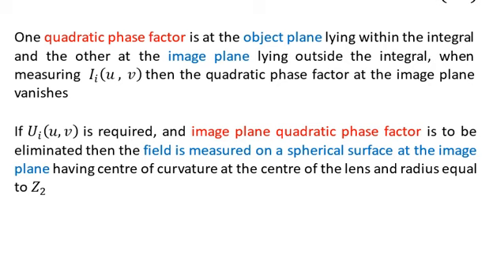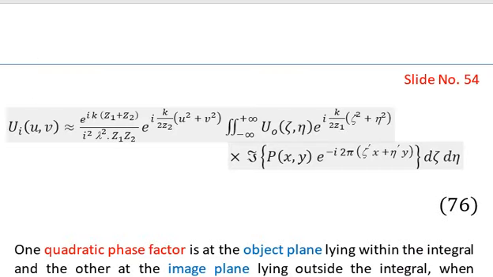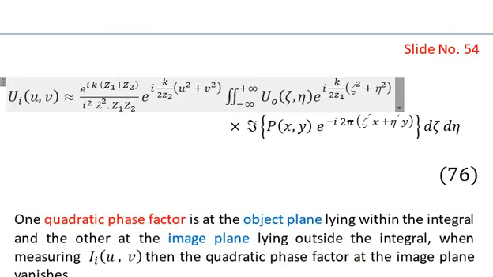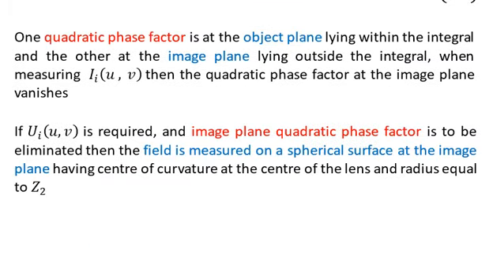To get rid of this quadratic phase factor containing u square plus v square from the field expression in equation number 76, you need to measure the field on a spherical surface at the image plane, having its center of curvature at the center of the lens and a radius equal to z2.